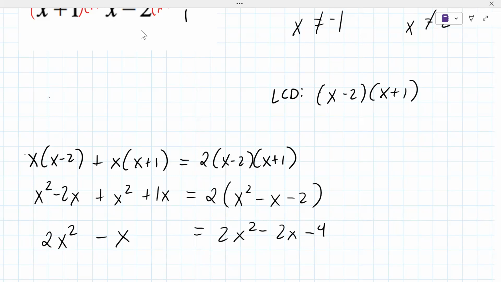I think I forgot the next step. So let me know what you get for this when you solve it.